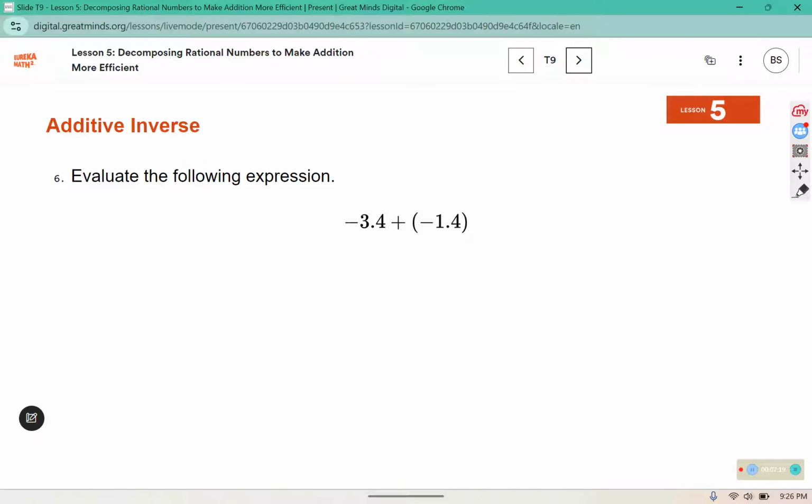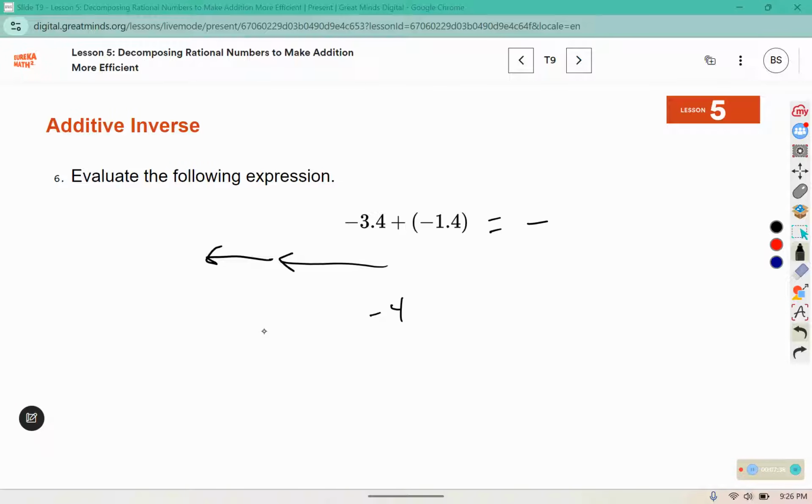Evaluate the following expression. I have negative 3.4 and negative 1.4, so I'm going farther into the negatives. I went 3 and 1, which would be negative 4, and I went 0.4 and 0.4, which would be 0.8.